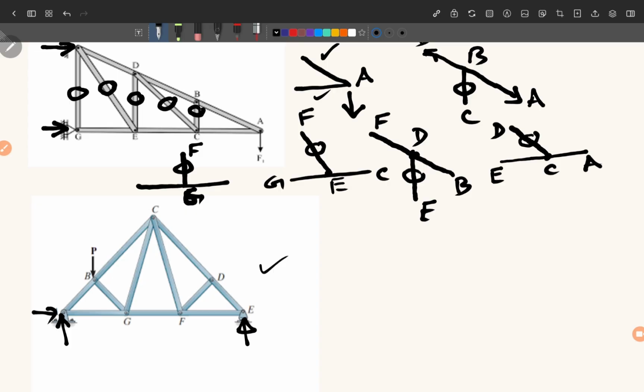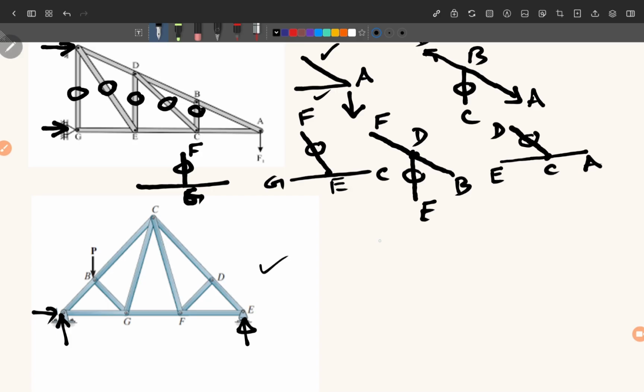Now we look at the joints which have 2 or 3 members. Okay, joint E has how many? 2 members, but there is one external reaction, so there will be no chance of 0 force in these 2 members.